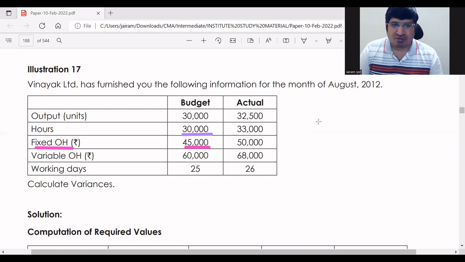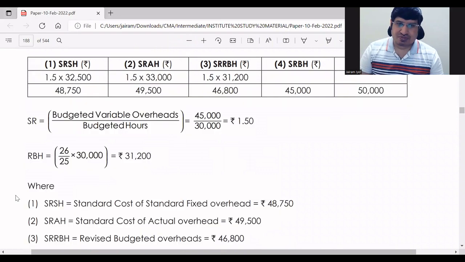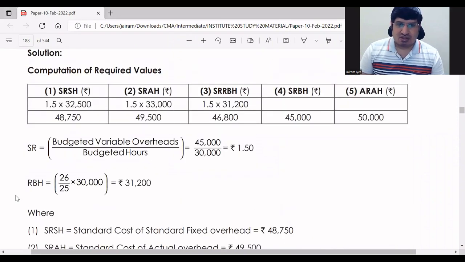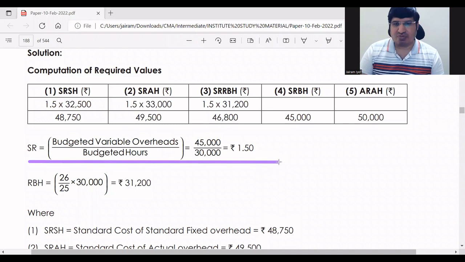So let's prepare a table. So you know how we got this 1.5. 45,000 upon 30,000 is what we did.